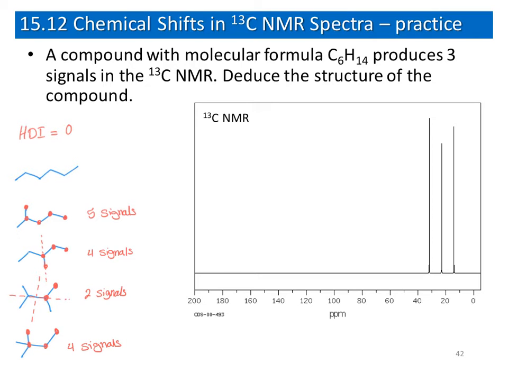So we have a plane of symmetry here, and we are going to see 1, 2, 3 signals for this structure. Now looking at the carbon NMR, we just see 3 signals, and that matches this structure. So that could be the structure for C6H14 and this carbon spectrum.